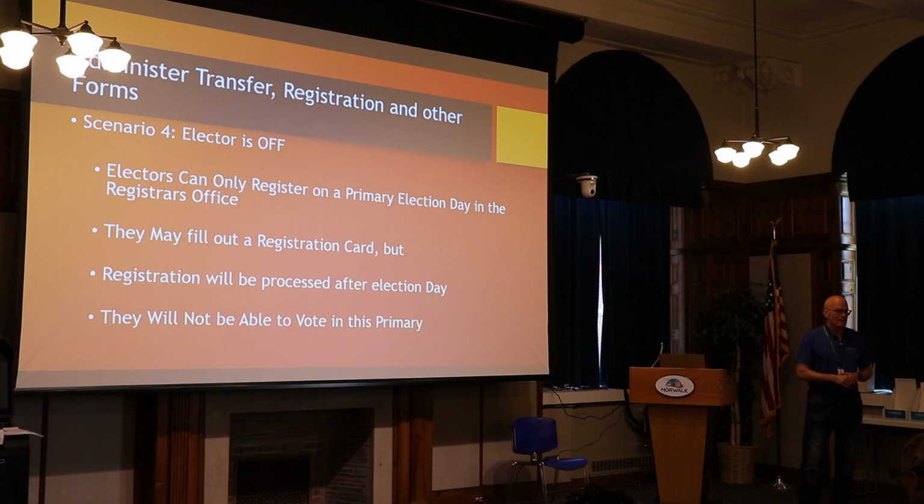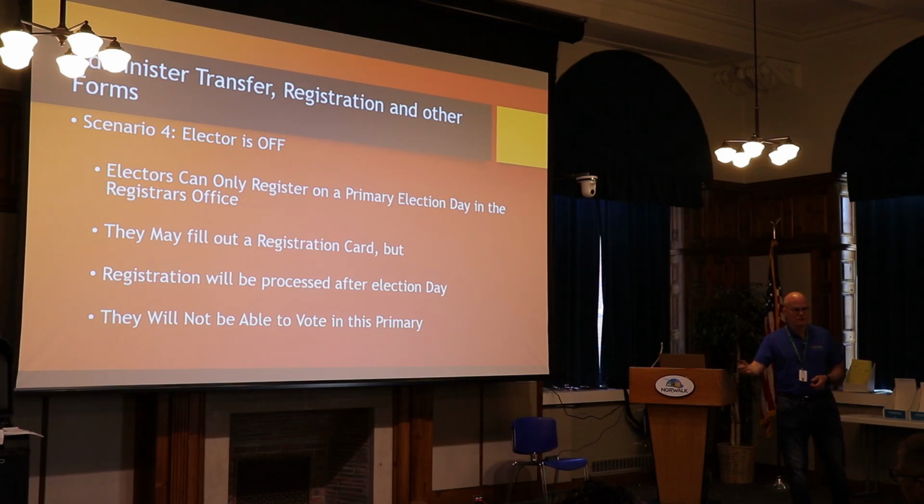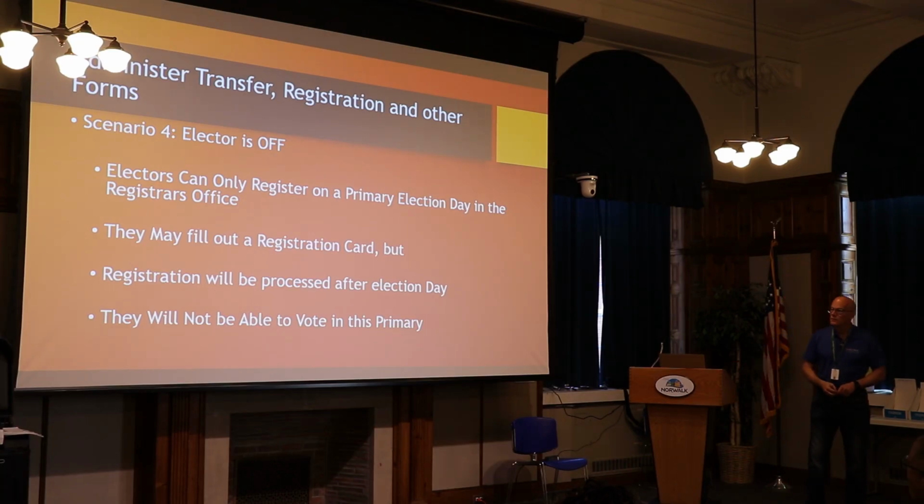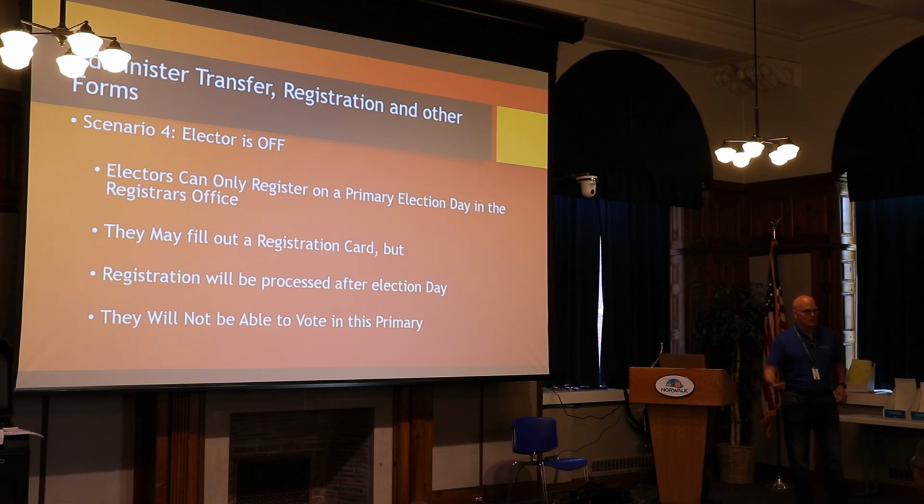If we get notice that someone has become deceased, they get turned off. If we get notice that someone has moved out to another state, like they tell us they moved to another state, they fill out a form, we turn them off. So there are a lot of paths where someone can be turned off. It's possible that someone's going to show up and say, I'd like to vote, and you go, oh, they're off.